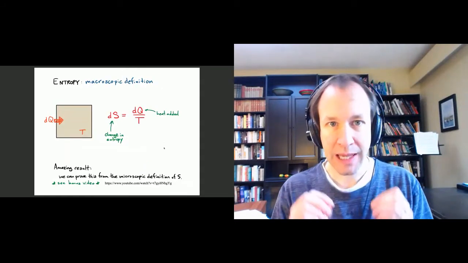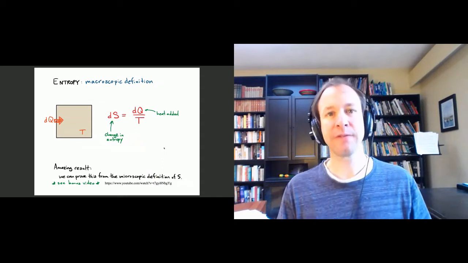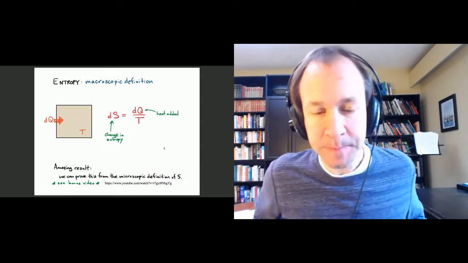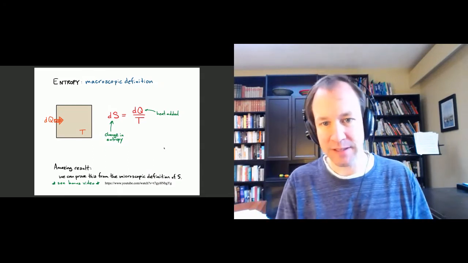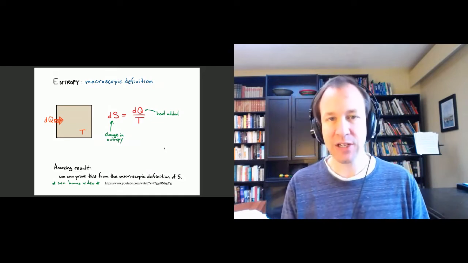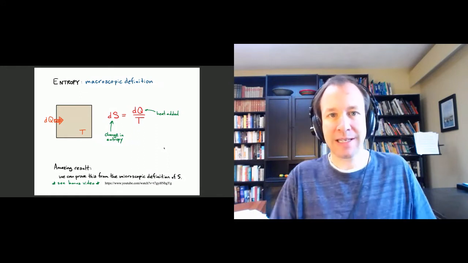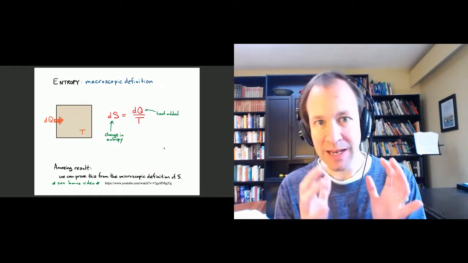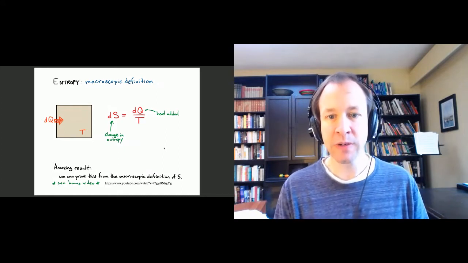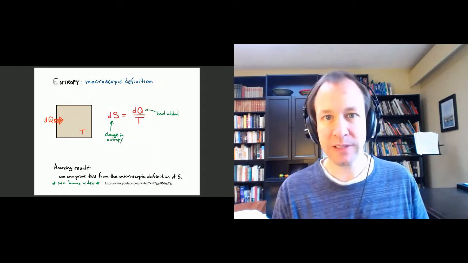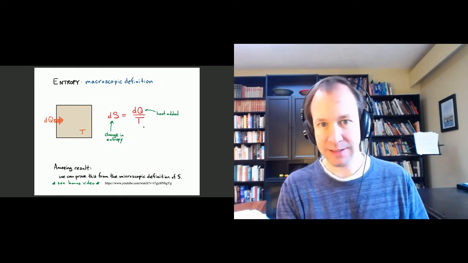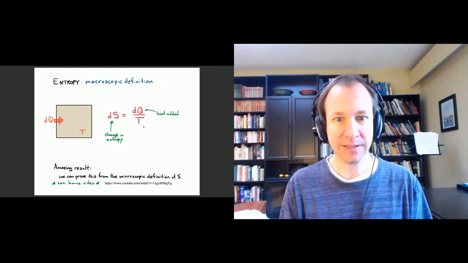Okay, here on this slide, I have the main formula that you're going to be using when you're actually doing calculations involving entropy. While we have this microscopic definition of entropy in terms of the number of microscopic configurations, it turns out that in order to calculate, say, the change in entropy of a part of a system during a thermodynamic process, all we need to know is how much heat flowed into that system and what the temperature of the system is during this process when heat is flowing in.